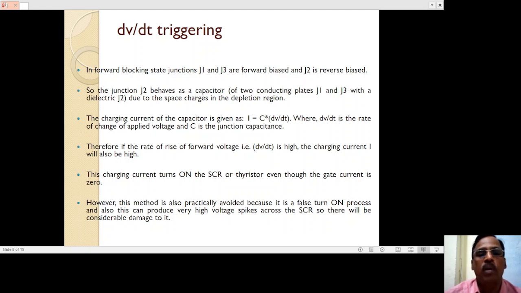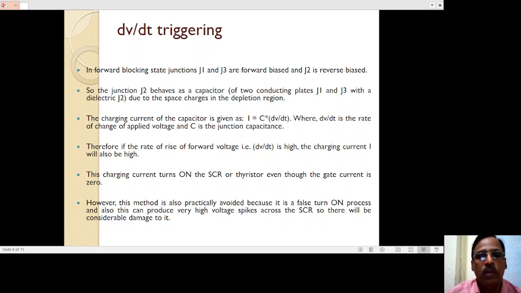When the SCR is in forward bias condition, junction J1 and junction J3 are forward biased, and junction J2 is in reverse bias condition. Junctions J1 and J3 act as conductors, but junction J2 acts as an insulator.